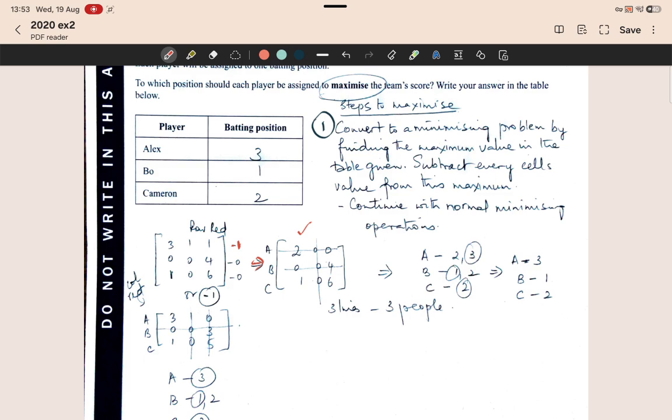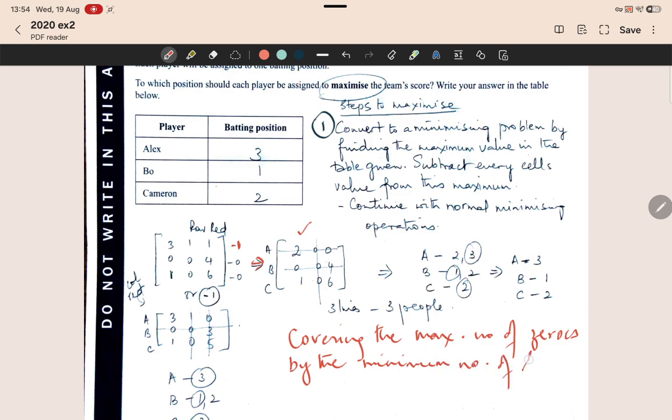Now the main purpose of doing these reductions is to actually be able to assign by covering the maximum number of zeros by the minimum number of lines. So you've got to be careful while doing this.